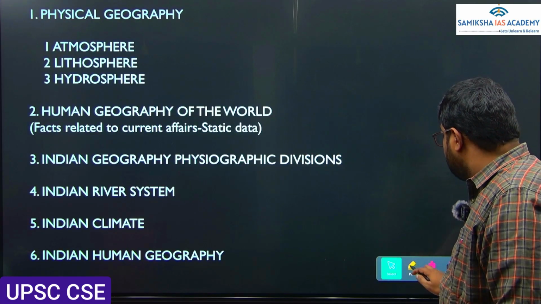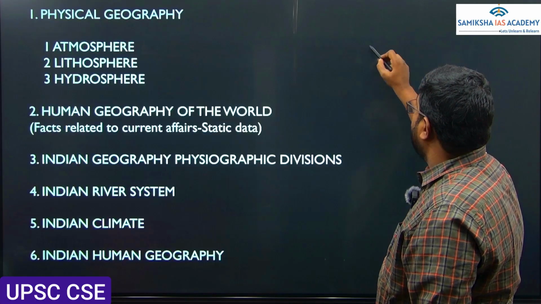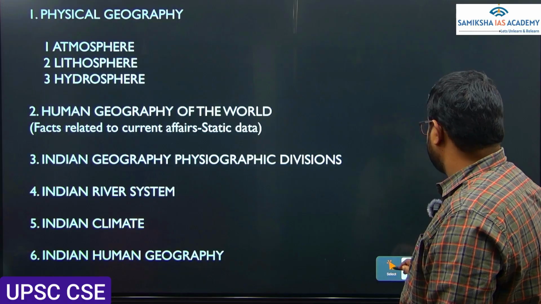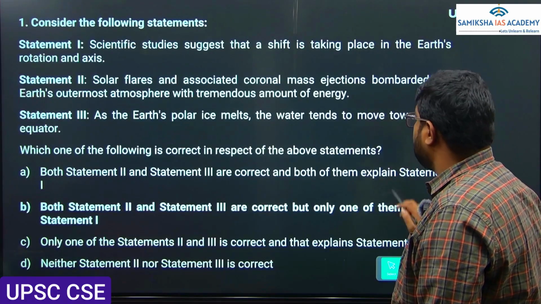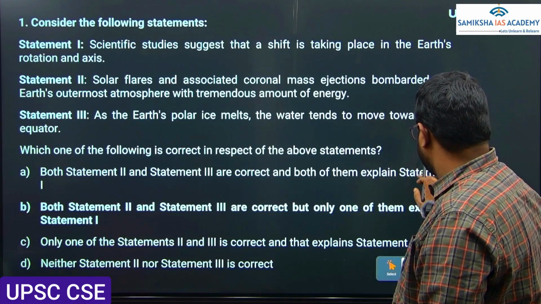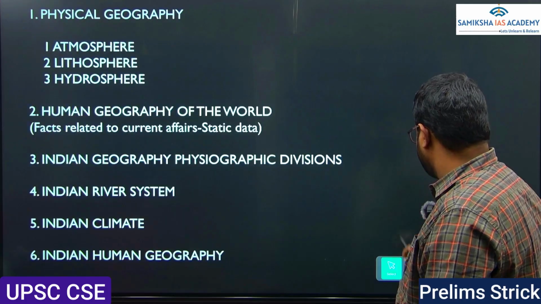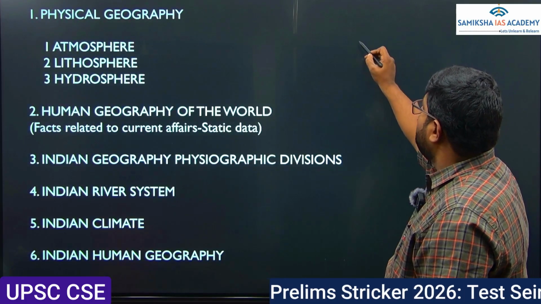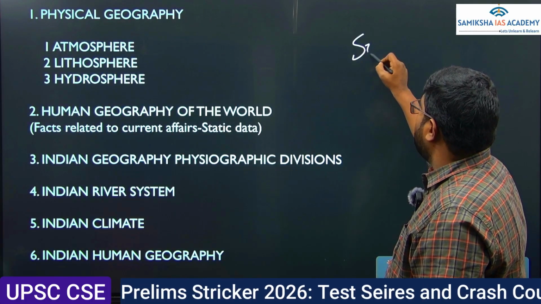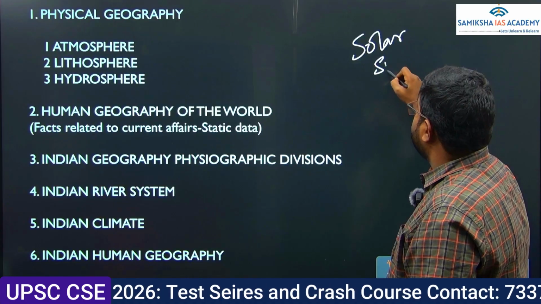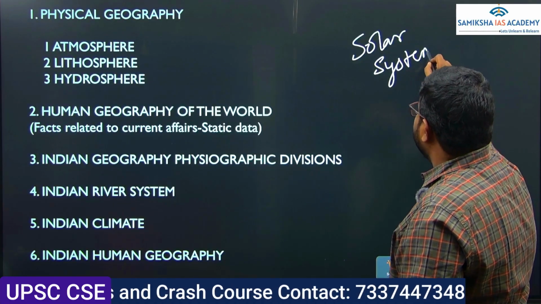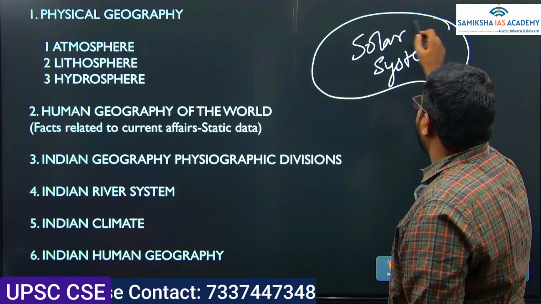For example, the first topic of geography is the solar system. So what is the solar system? This is the basic subject which we have been reading from our childhood.